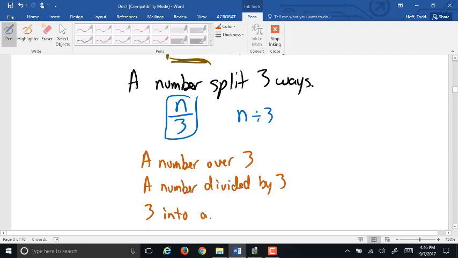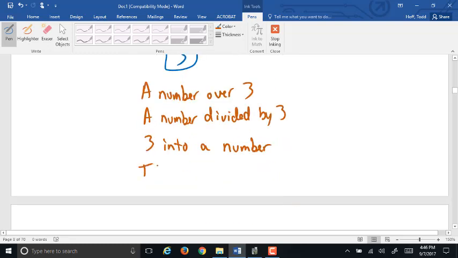This is a little awkward, but 3 into a number. Keeping with the spirit of the last ones, the result of a division problem is a quotient of, now here we have to say of a number and 3. The number has to go first because it's the number divided by 3.